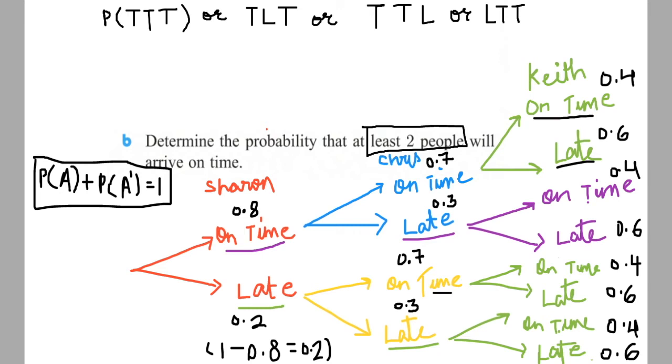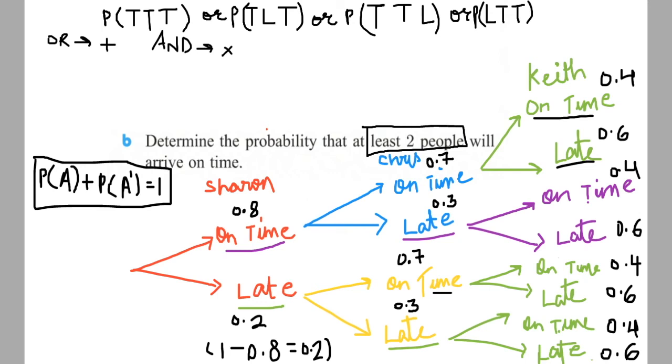We cannot take other scenarios because at least two people should be on time. So this is what we are going to use. For or, we add the probabilities, and wherever you see and, we multiply. So what you're seeing inside the bracket, it is and.